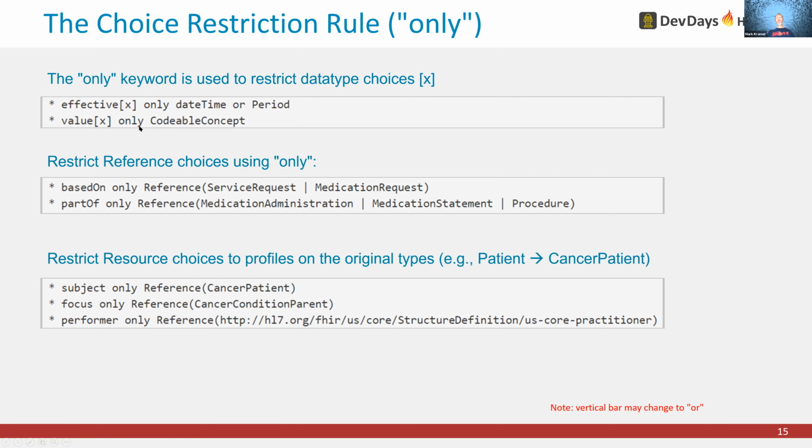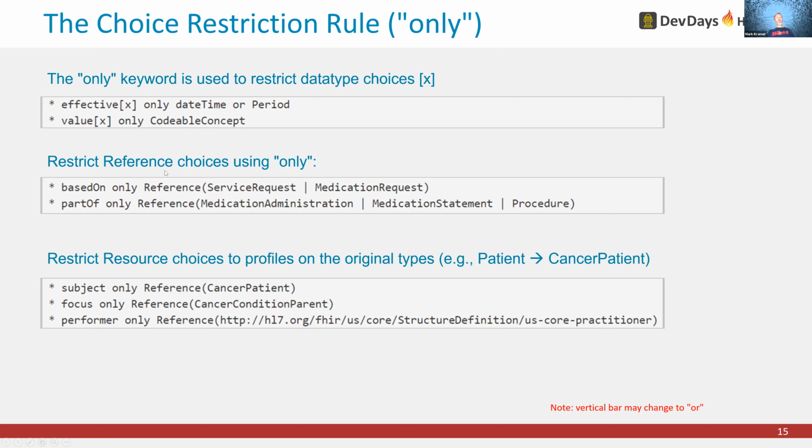You can say value[x] only CodeableConcept, which may cut out things like Quantity and string or dateTime. And you can also make choices. So you can say effective[x], which comes from Condition, only dateTime or Period. So now you're restricting a choice of 10 things down to a choice of 2 things.